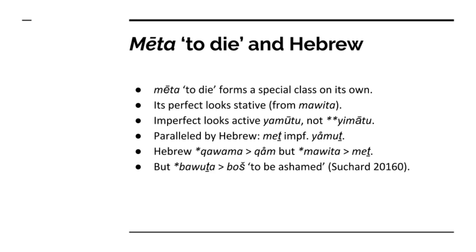But something we don't see in this form of Arabic, but we do see in Hebrew, is that also when there's a u vowel, you get an o at the end. So bawotha becomes bosh, as shown apparently in the future in 2016 by Benjamin Suchard. He will live long. That's nice. There's a nice parallel.